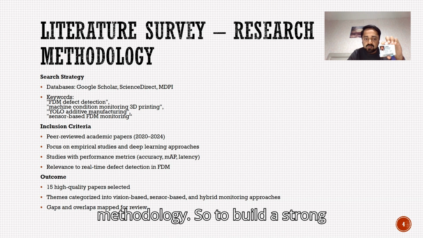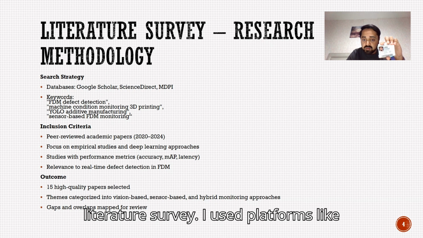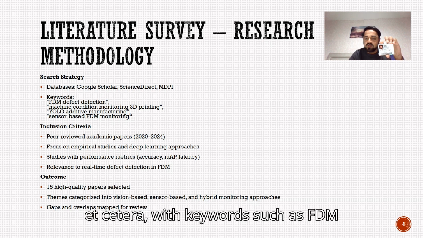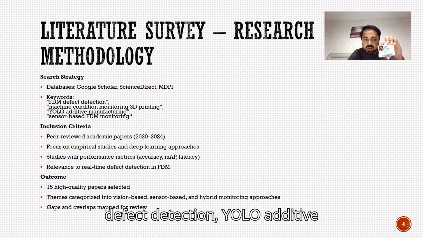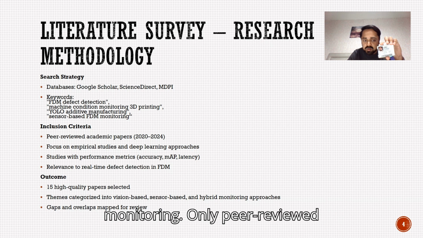Next up, we have literature survey research methodology. So, to build a strong foundation, I conducted a systematic literature survey. I used platforms like Google Scholar, Science Direct, MDPI, etc., with keywords such as FDM defect detection, YOLO additive manufacturing, and sensor based FDM monitoring.